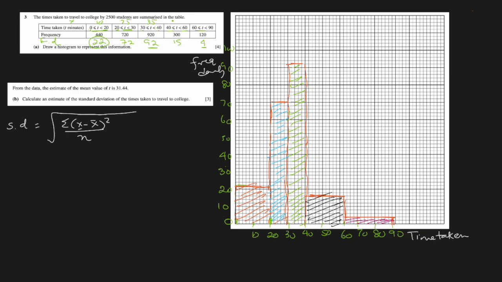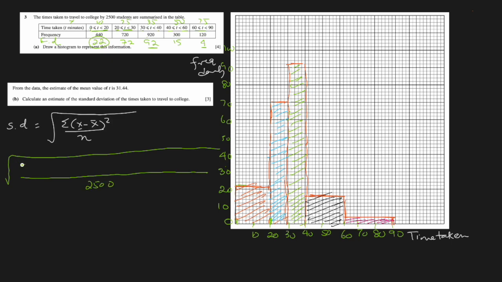So mid value is the x. So here it will be 75. So we got our x's. From each x, we will subtract 31.44 and square it. So let's do this part first, and then we'll divide by total number of data. They have given us 2500. So denominator is known to us.